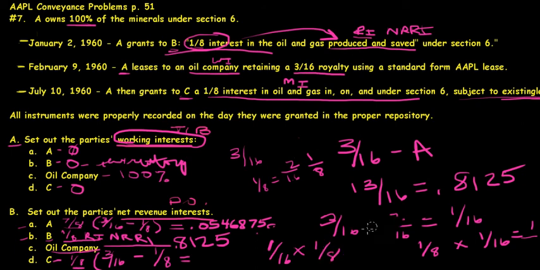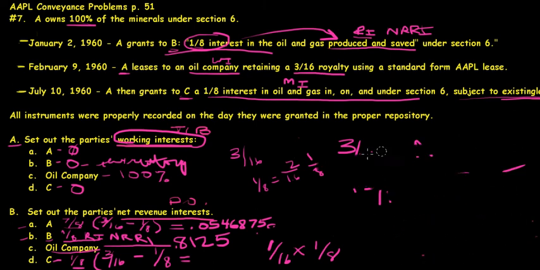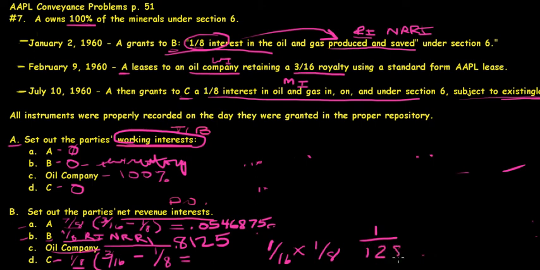Let me get rid of some of this. I'm going to do that calculation out. So 1 times 1 is 1, and 16 times 8, if I do it in my calculator, is 128.